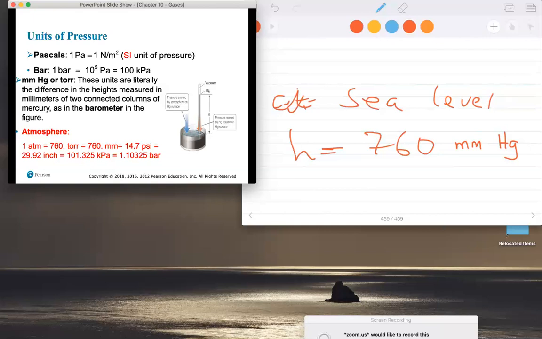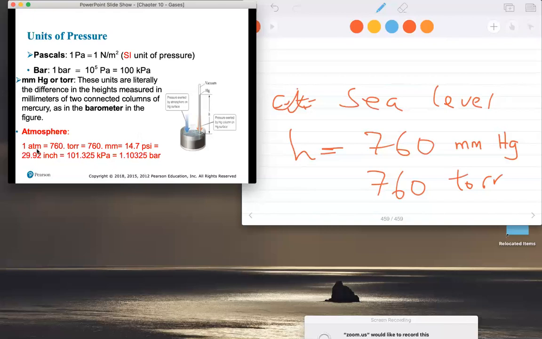In honor of Evangelista Torricelli, the unit you see here, torr, is coined from his last name. He was a scientist who discovered the barometer.